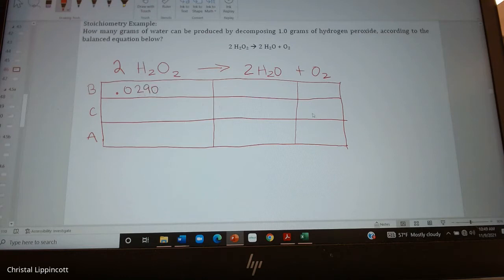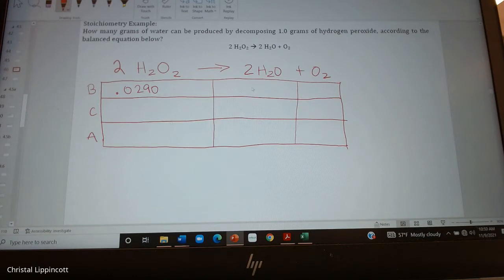Now, when you use my BCA tables, you need to have at least 3 sig figs in each of these holes to make it work right. If you are lazy and try to do this and only have 1 sig fig in here, like if you had 0.03, you're oftentimes not going to come out with the right answer. So make sure you have at least 3 sig figs in there at all times.